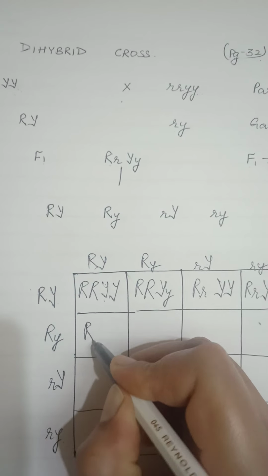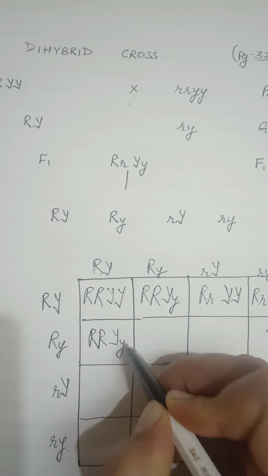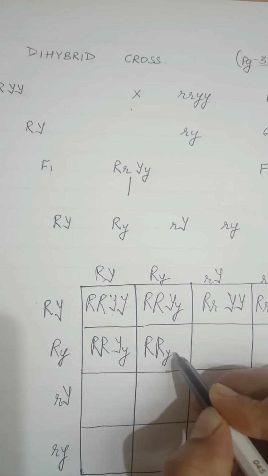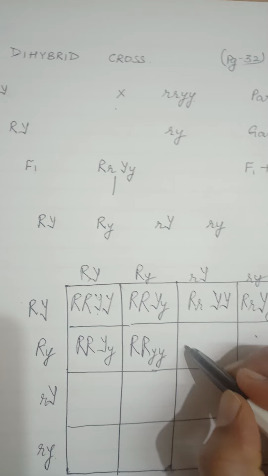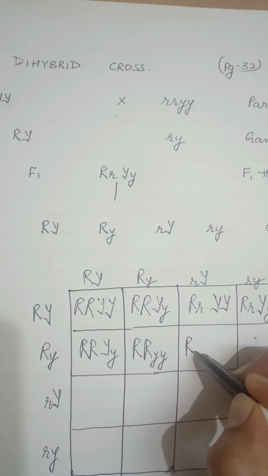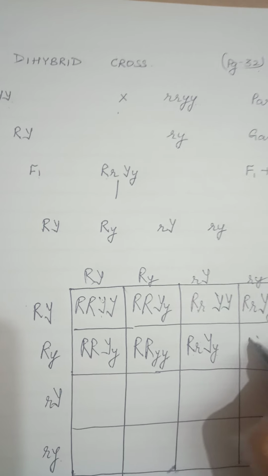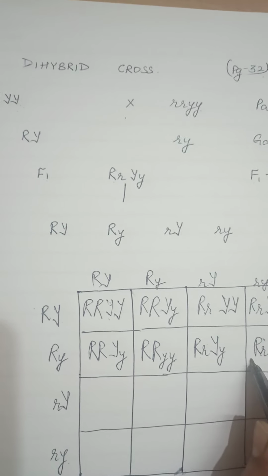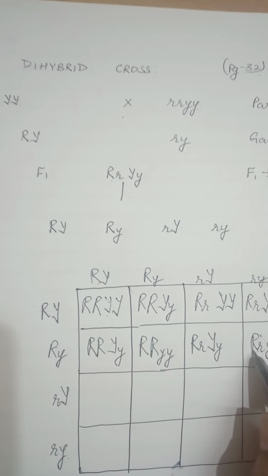Okay, now come to next, capital R capital Y small y, this is also round yellow. Capital R but small y, this is a round green plant. Capital R small r, capital Y small y, this is again round yellow. Capital R small y, this is round green.